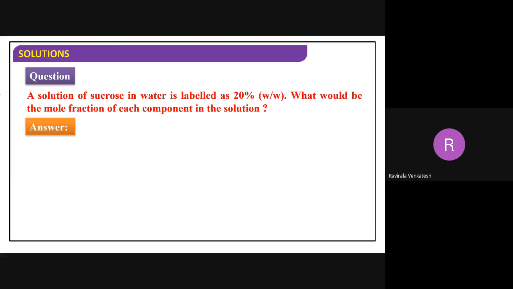You have to do this problem. This is homework for you. A solution of sucrose in water is labeled 20%. Tomorrow you have to show this one. I will ask everyone. What will be the mole fraction of each compound? Note down this one as homework.